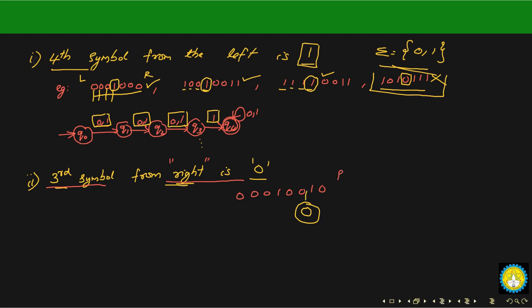If you look at the right side, the first symbol is 0, the second symbol is a 1, and the third symbol is a 0. If the third symbol is 0, the string has to be accepted. If the third symbol is a 1, then it should not be accepted. So we have to design such an automaton.